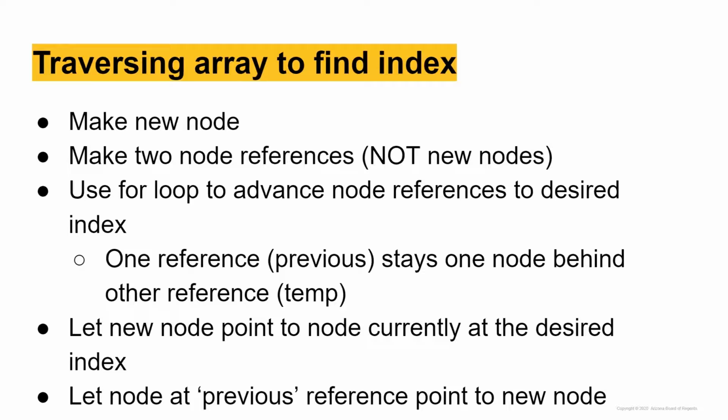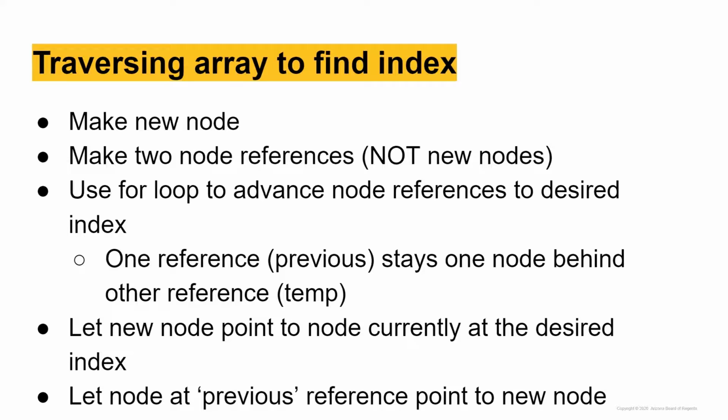So we're going to use a loop to do this. One reference, the one called previous, is always going to stay one node behind the other reference, which makes sense, so we can keep track of what the previous node is. We're going to let the new node point to the node currently at the desired index.